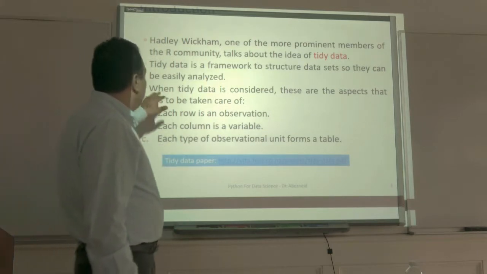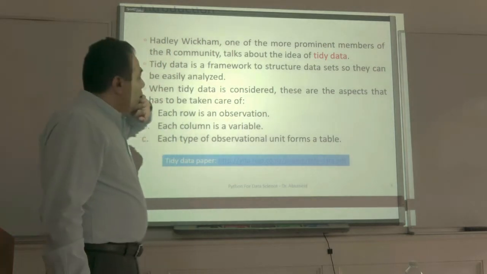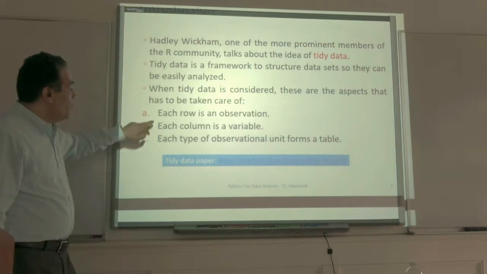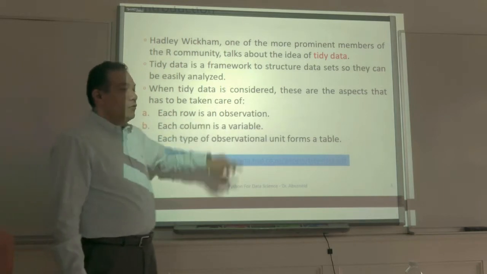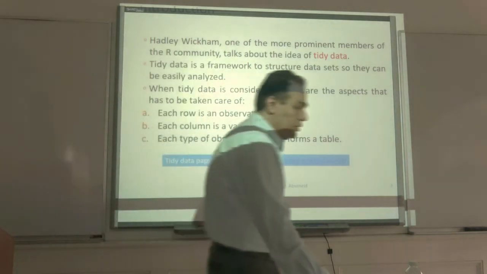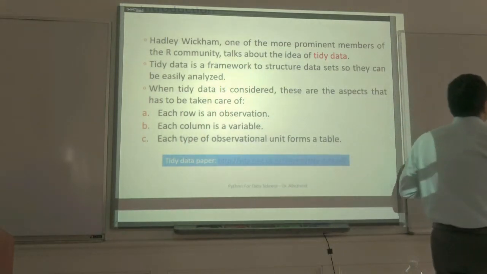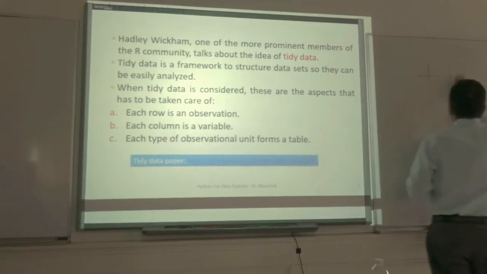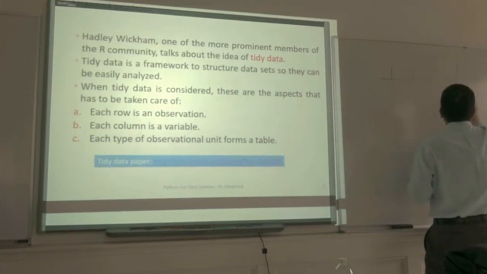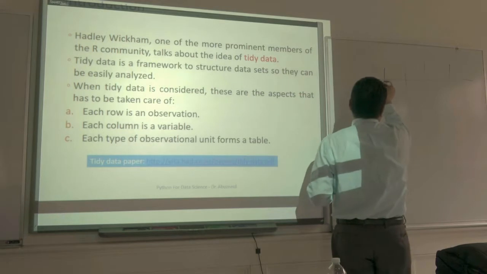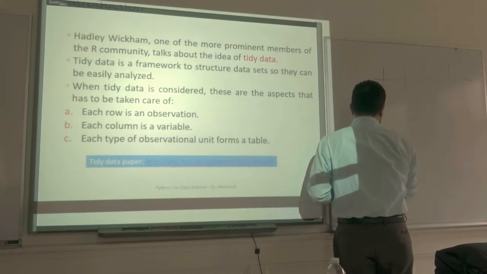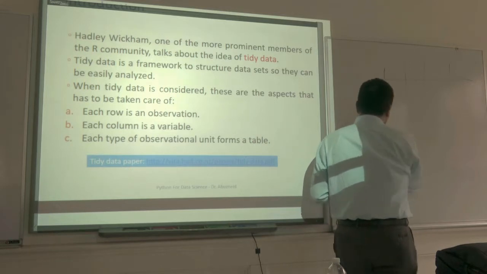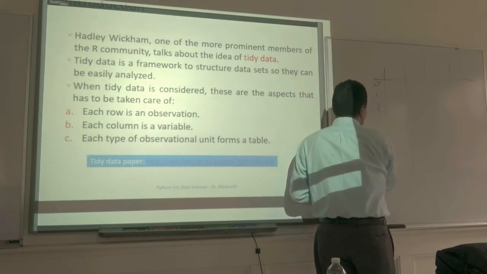When tidy data is considered, these are the aspects that have to be taken care of. Number one, each row is an observation. Remember what we said: any data set is built of rows and columns. So row 1, 2, up to 1 million, what do we call these? Observations.